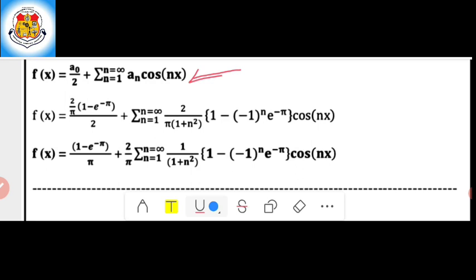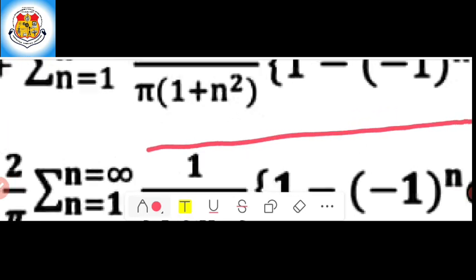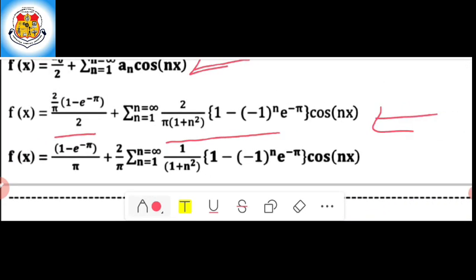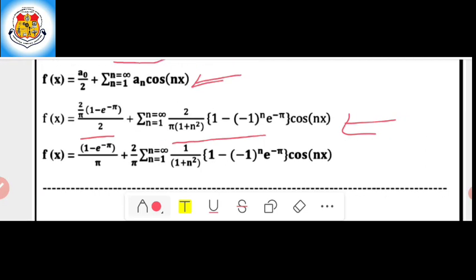So f of x is equal to 2 by pi in bracket 1 minus e raised to minus pi, upon 2, plus summation n runs from 1 to infinity 2 by pi into 1 plus n square, 1 minus 1 raised to n e raised to minus pi into cos nx.